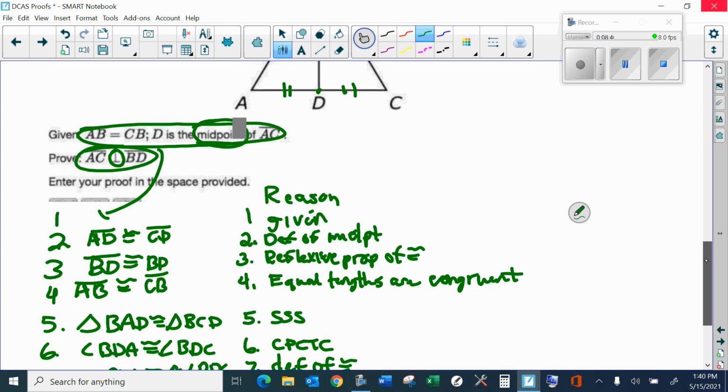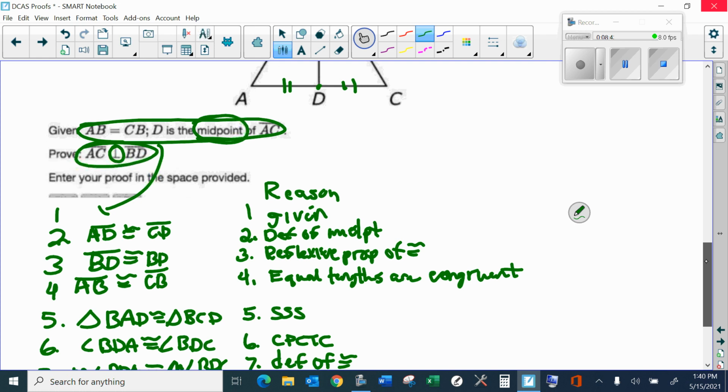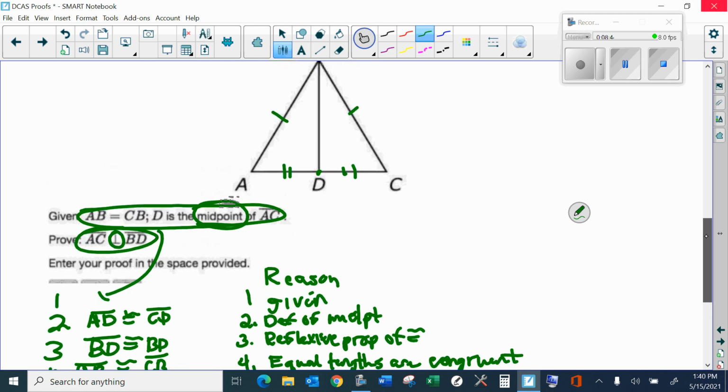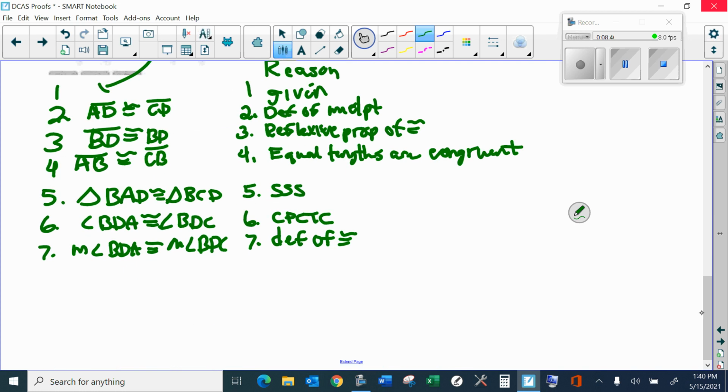Okay, because then you'll have 180 divided by 2 is 90. So angle BDA and angle BDC are supplementary.